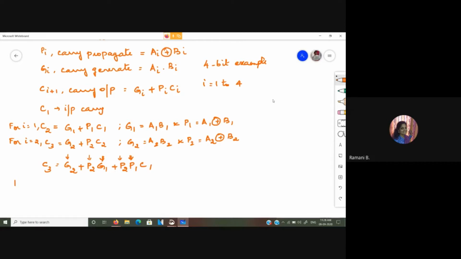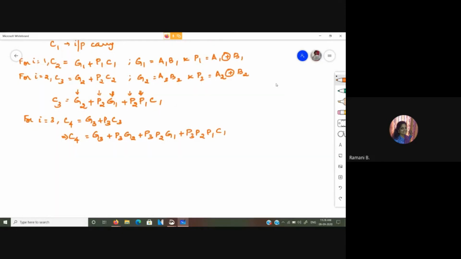Next, for i equal to 3, we have C4 is equal to G3 plus P3 C3. Here again, substituting for C3, you get C4 is equal to G3 plus P3 G2 plus P3 P2 G1 plus P3 P2 P1 C1.